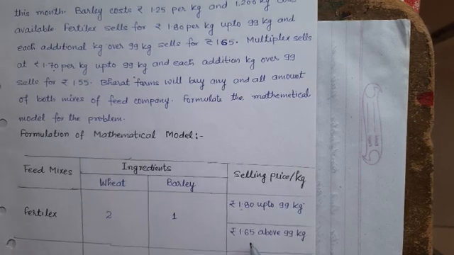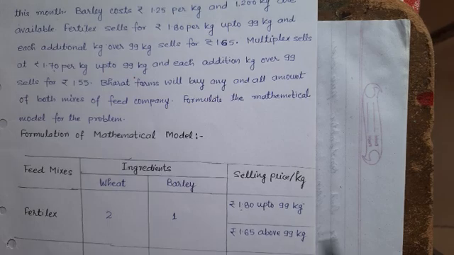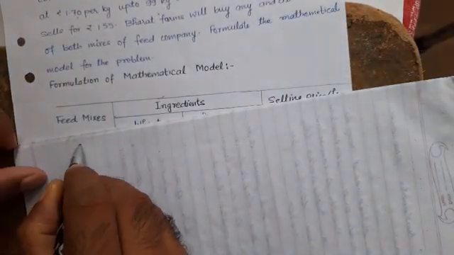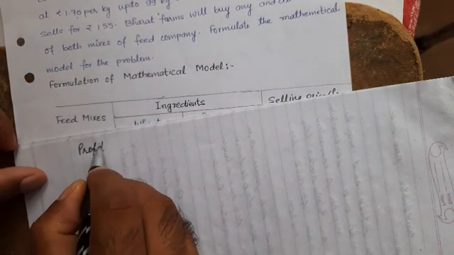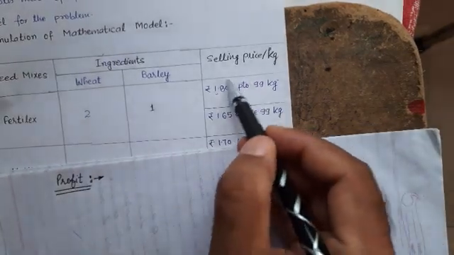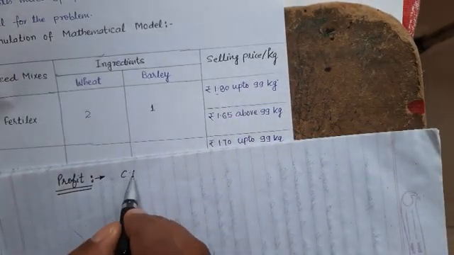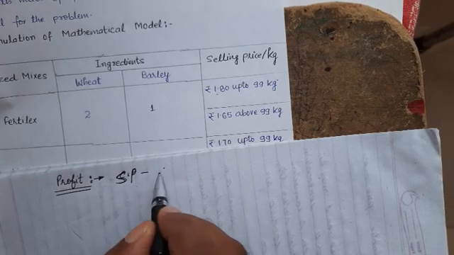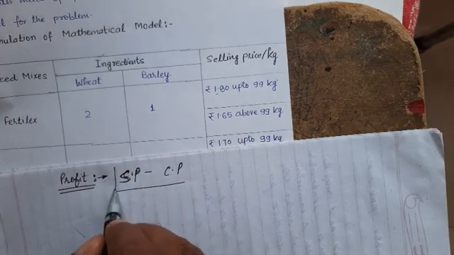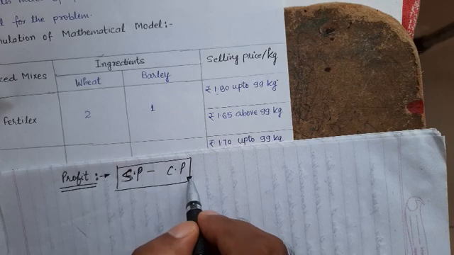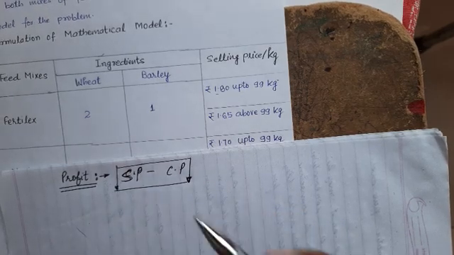So for writing this profit, let us look. The profit can be written as selling price minus cost price, because in this particular question, the profit on units or profit on the product is not given.